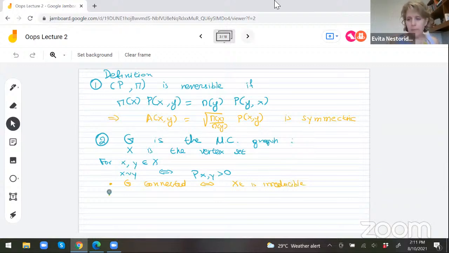And this graph being non-bipartite in any way corresponds to X_t being aperiodic.